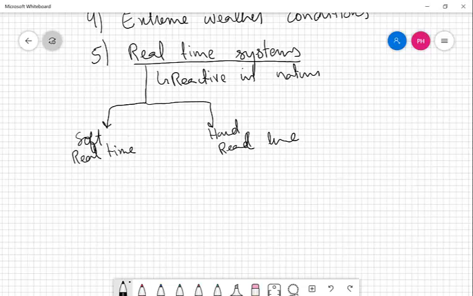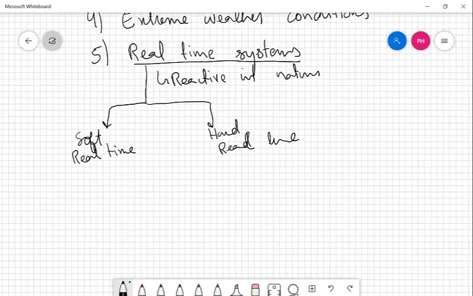On the other hand, we have hard real-time systems, where if we don't meet the real-time deadlines, we may have catastrophic effects. For example, a missile launcher. There's an embedded system which detects an enemy aircraft and launches a missile in defense.